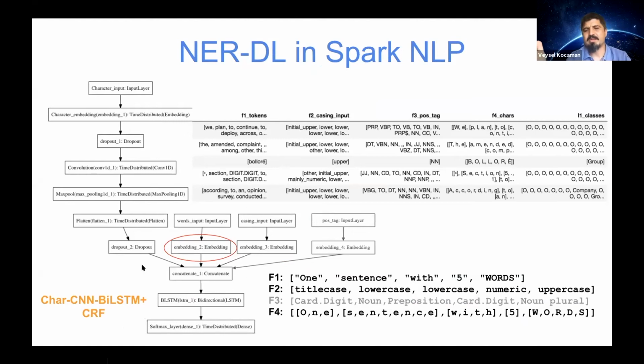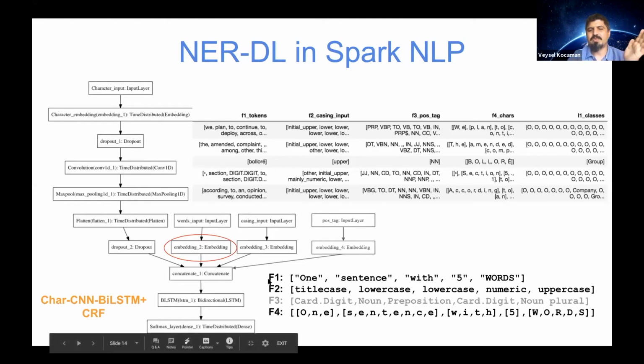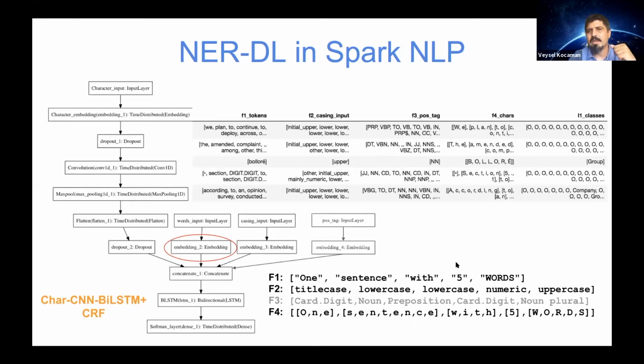We take a sentence as training input, and each row, at first, we take the sentence token by token. This is the first feature, the token feature. Token features are embedded, like getting vectorized through embeddings. We are using clinical embeddings. We have our own PubMed clinical embeddings, 200 dimension.